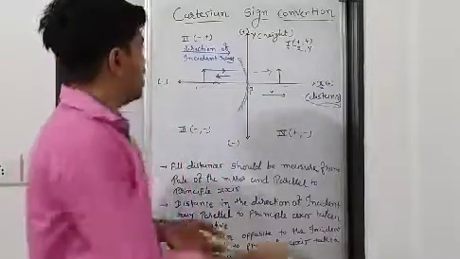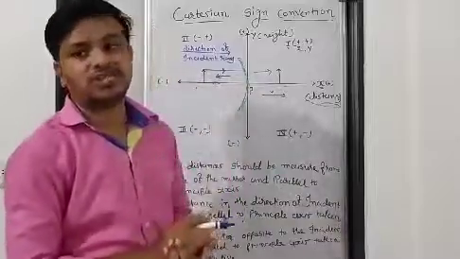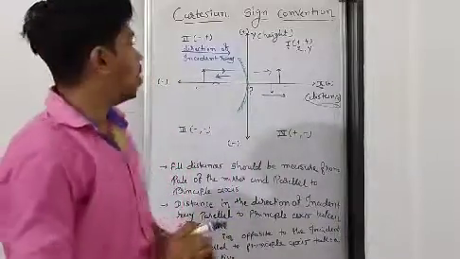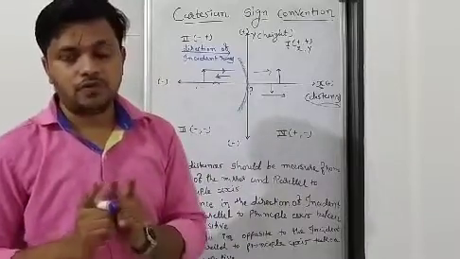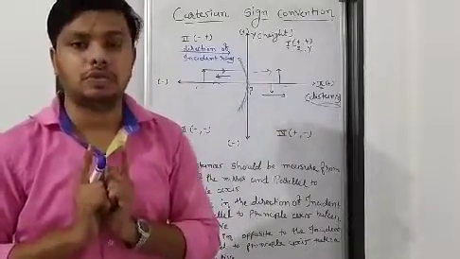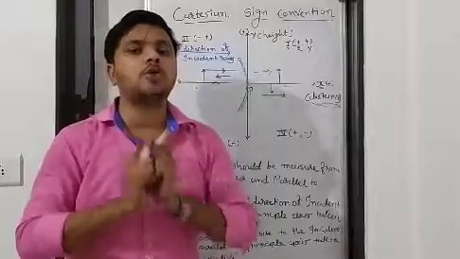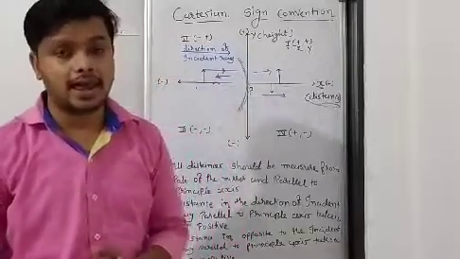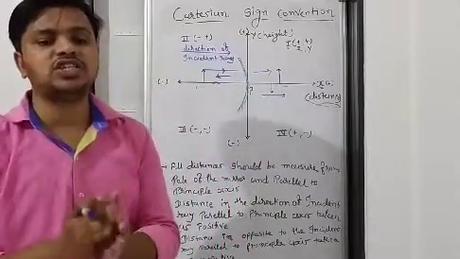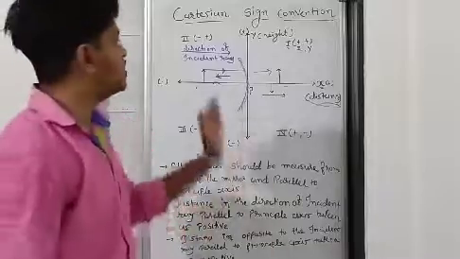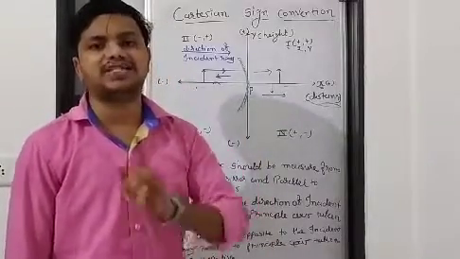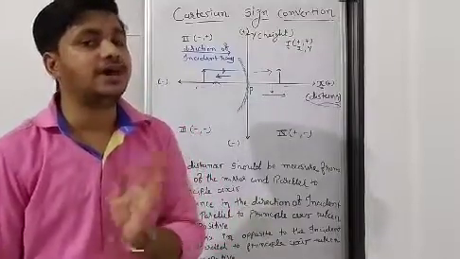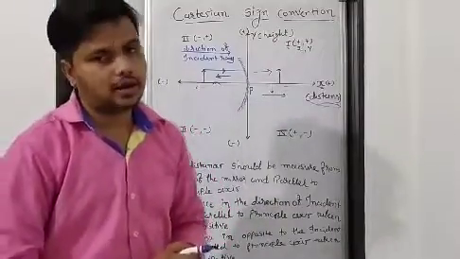The law is there: if you want to take the positive distance, you should know the direction of the incident ray. But for the easy way, just remember that the object distance should always be taken as negative, and all the distances measured on the side of the object should be taken as negative, but on the other side you have to take them as positive.